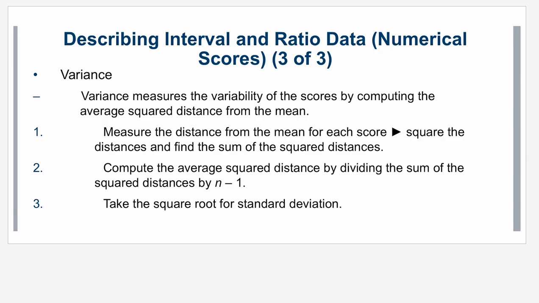The reason you're dividing by 1 less than the number of scores is, and we're going to talk about this a little more in a second, that's really providing a more accurate variance, and your standard deviation will be more accurate that way, because this is a sample, and our goal here is to generalize to a population.